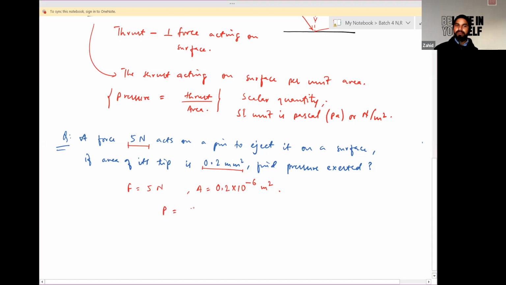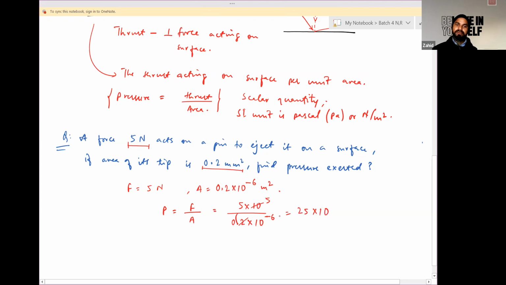Pressure equals to force divided by area of cross section. Force is 5. Area of cross section is 0.2 into 10 to the power minus 6. So if you remove this decimal, there will be 10 in numerator. So this 2 will cancel out this in 5 times. 5 into 5, it will be 25 into 10 raised power.